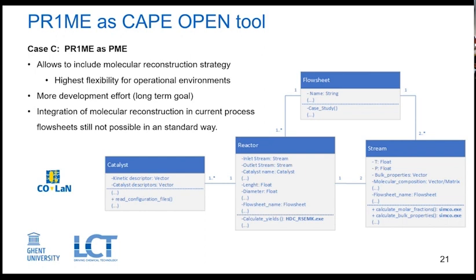However, in this case, integration of molecular reconstruction in current process flowsheets would not be available even that way. So that's the main limitation that we are seeing up to now: how to expose the molecular reconstruction strategy in a standard way. That's where we see the most complicated challenge when offering this tool as an open standard tool.